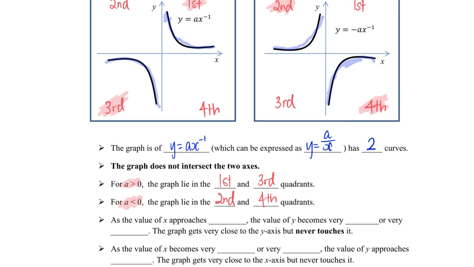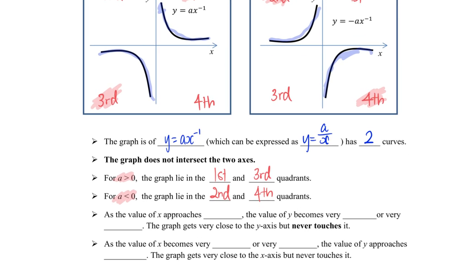And the next two lines, when X approaches 0, let's see what happens, okay? When X approaches 0, that means we are actually looking along the y-axis, along here, where X either goes this way or goes this way.